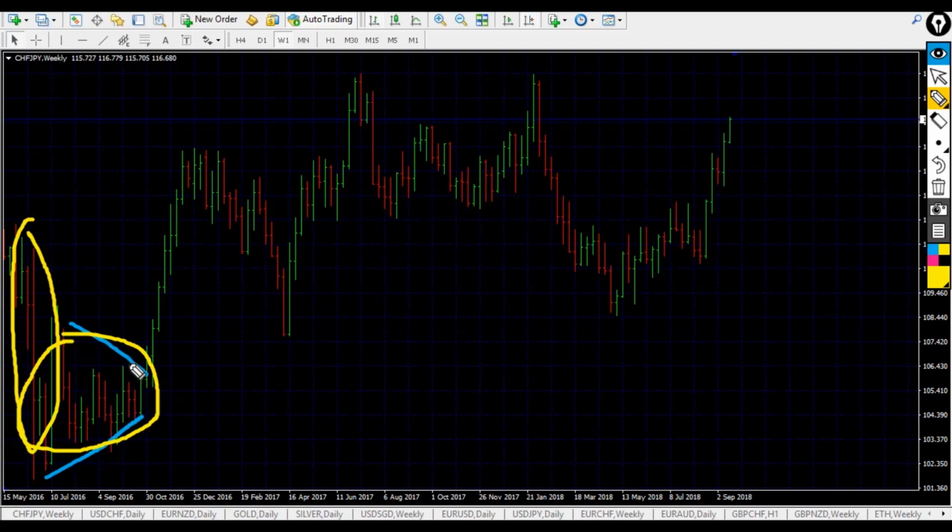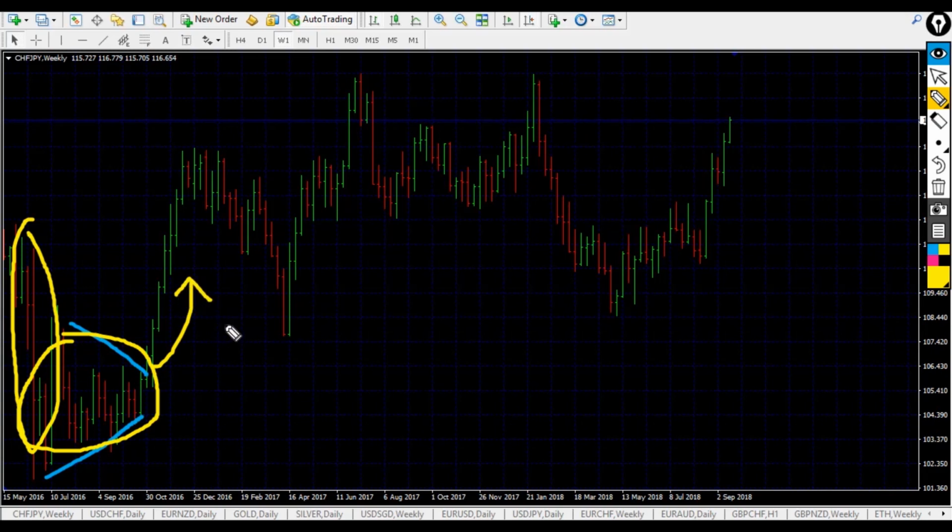When the market starts consolidating, it can mean two things. It can either continue its way down, meaning it follows the previous trend, which is bearish. So after consolidation, it can follow the previous trend, which is bearish, or because it has been consolidating for such a long time, there is enough momentum for it to change the trend, which is exactly what it did here.